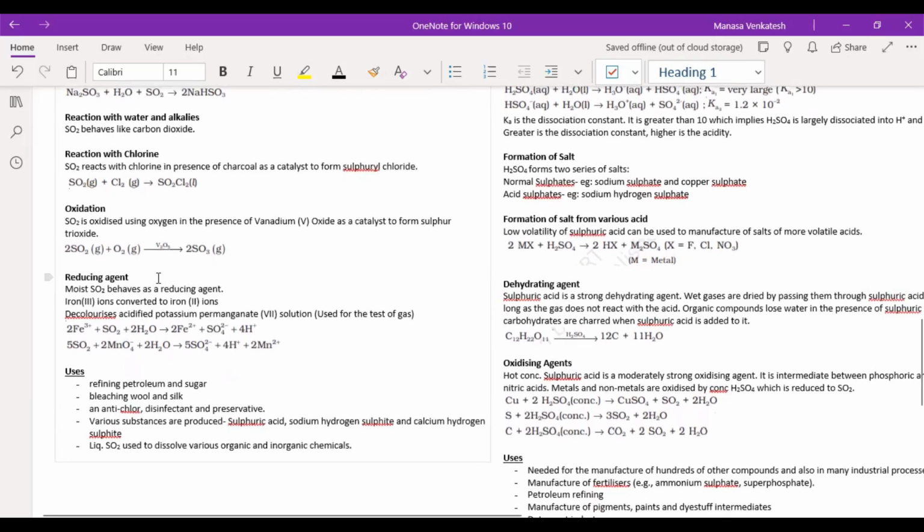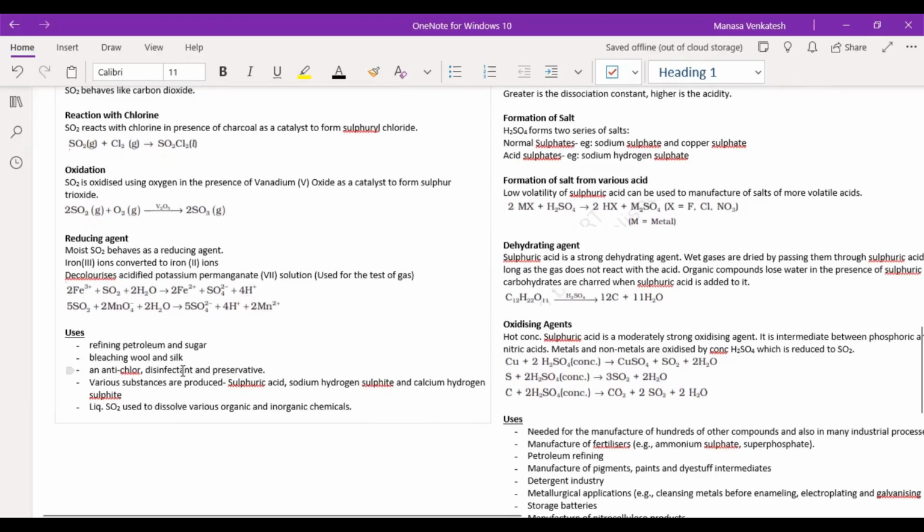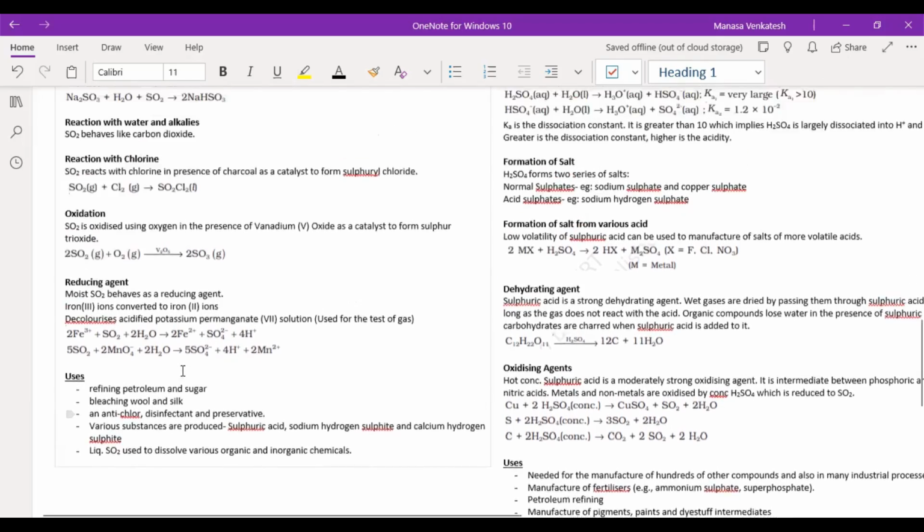It acts as a good reducing agent because it helps in the conversion of iron 3 ions to iron 2 ions, and it also decolorizes acidified potassium permanganate. This decolorization of acidified potassium permanganate is used for identifying the presence of sulfur dioxide. Here you have the various uses of sulfur dioxide.